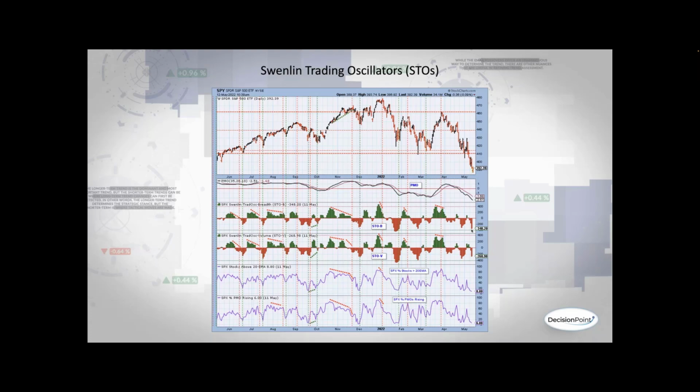And we do have oversold readings on the Swenlin trading oscillators here, but they are moving down. So the condition is still negative, but we do have oversold conditions. Even though we're in a big decline here, we're starting to see these oversold conditions, and that is usually a sign that you're going to get an upside reversal.